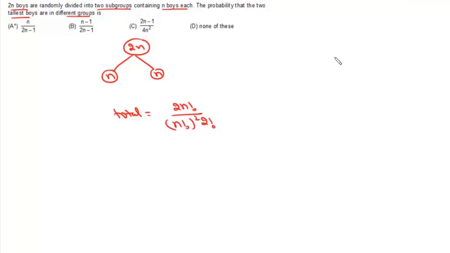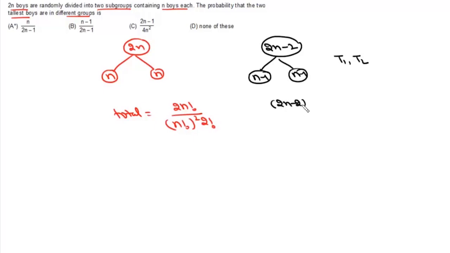Now, if we keep the two tallest boys aside, say T1 and T2, then we are left with 2n minus 2 people, which we have to divide in groups of n minus 1 and n minus 1, which can be done in factorial 2n minus 2 upon factorial n minus 1 whole square factorial 2. Now, once we have these two groups, we can distribute these two boys in factorial 2 ways.